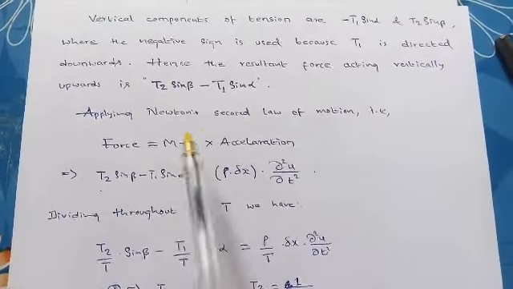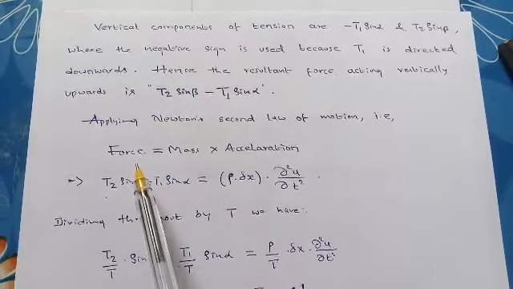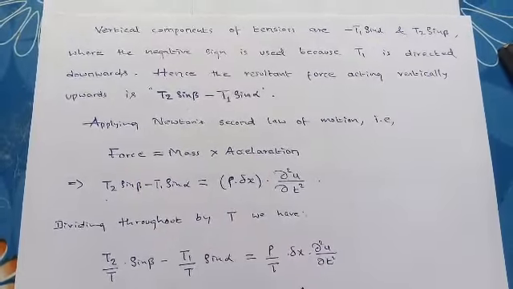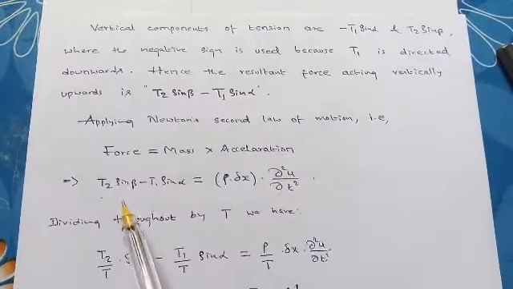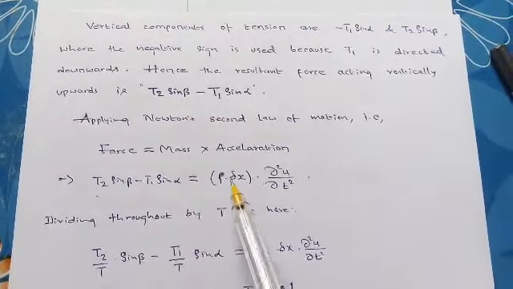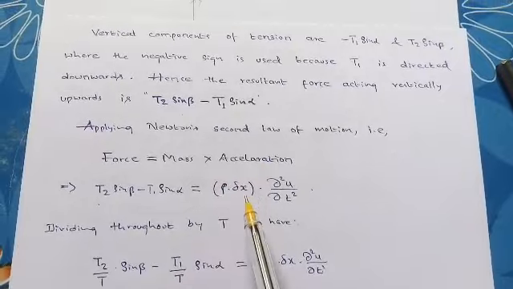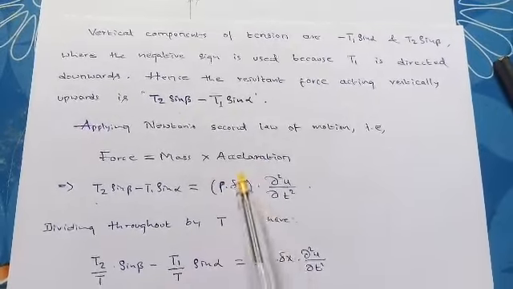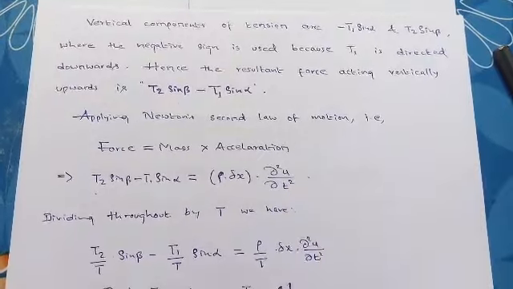Applying Newton's second law of motion, force equals mass into acceleration: T2 sin beta minus T1 sin alpha equals rho into delta x into the acceleration, the second derivative of u with respect to t.